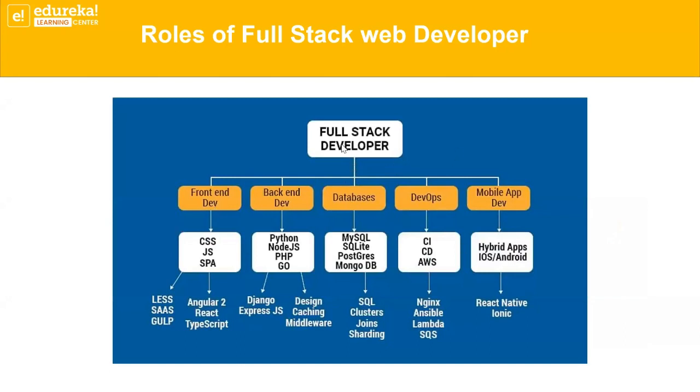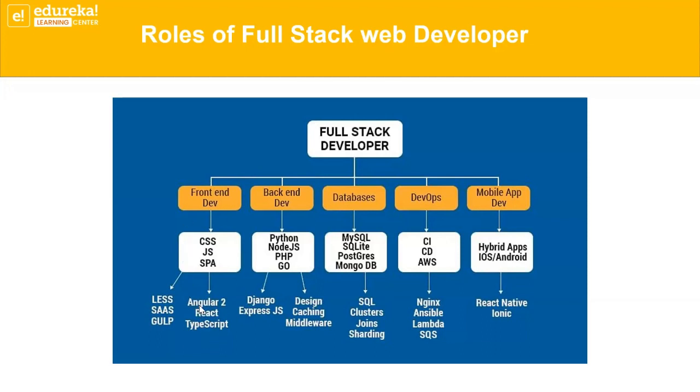As I mentioned, in the modern era, if you have enrolled for this section, you will have front-end development activity, where you will focus on CSS, JS, and single-page applications, which you will build with the help of technologies like the Angular 2 framework, the React library, and TypeScript.